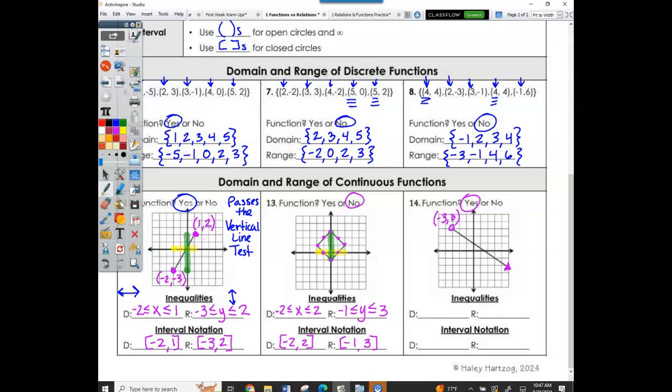Now, does it touch negative 3? No. Why not? It's glaringly obvious. How do I know it does not actually touch negative 3? Because it's what? What type of circle? Open.